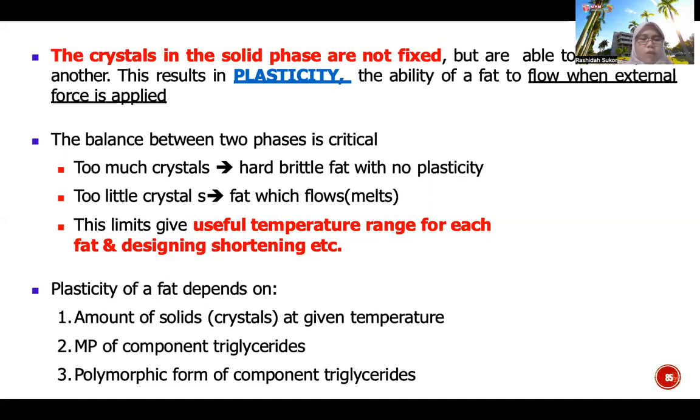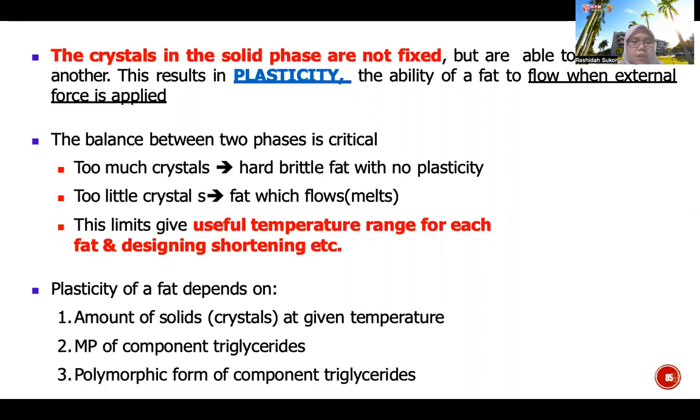We have shortening, we have margarine, we have butter, we have oil. So as a food producer, if you work in a food production company, you will have to know about all these attributes, how and why you can change from one to another, especially in fat industry, lipid industry.